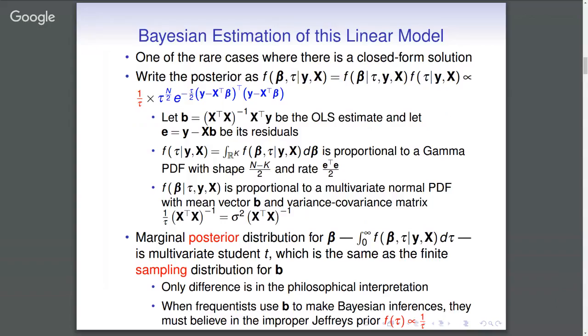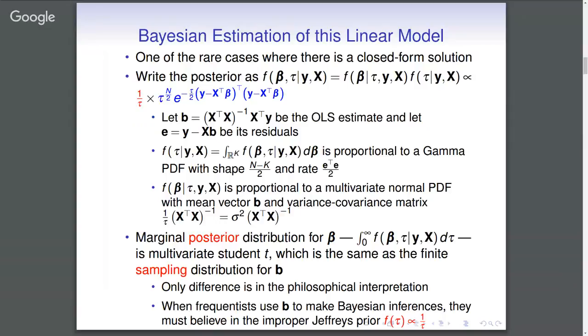Okay. So with these priors and this likelihood, it's actually one of the extraordinarily rare cases where there's something close to a closed form solution. If we write the posterior distribution of beta and tau as a marginal posterior distribution for tau multiplied by a distribution for beta given tau, so the multiplication rule implies this is the same thing on the left, which is the posterior distribution we're looking for.